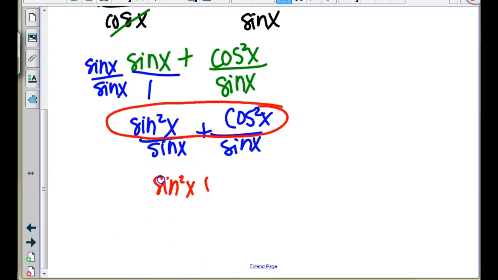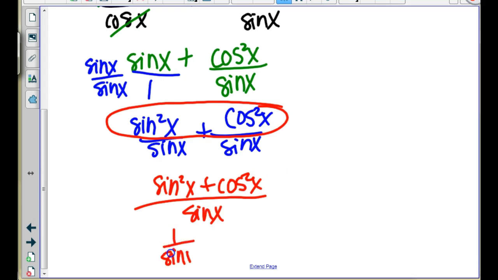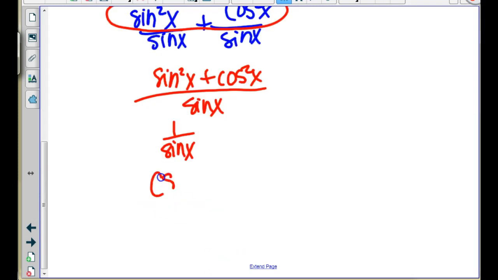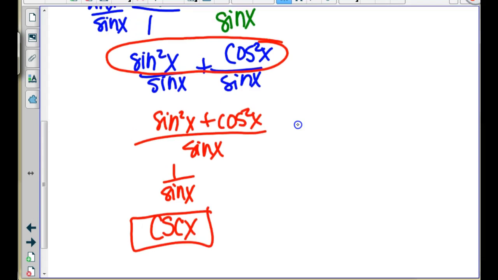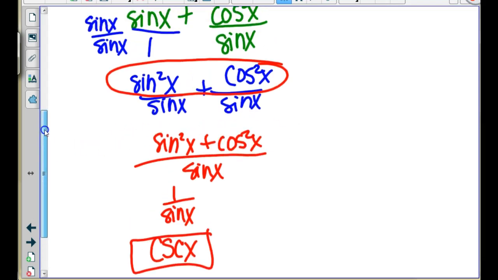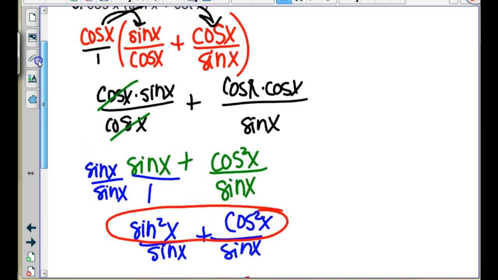And I'll write that step out. And then what is the top the same as? And 1 over sine x is really... All right. Who needs me to go back or explain a step better or show? Anybody?